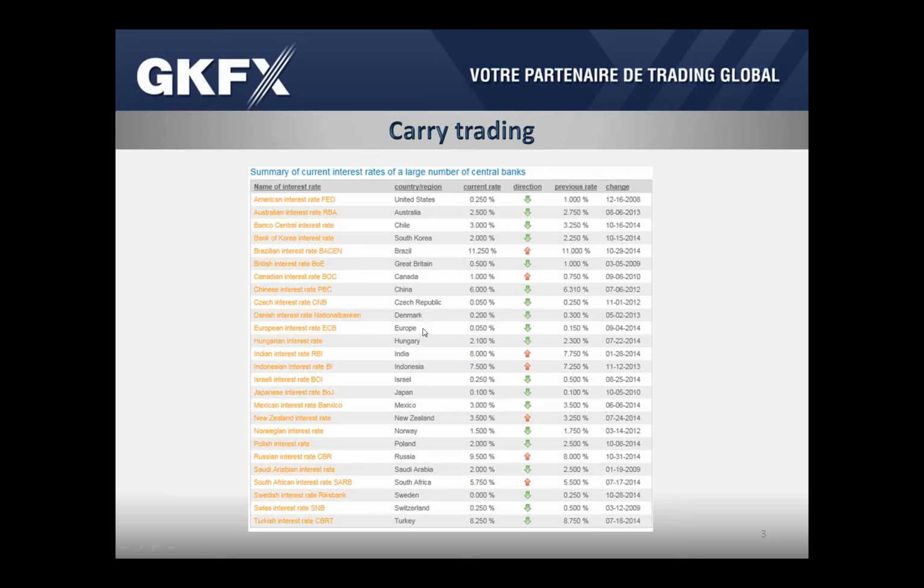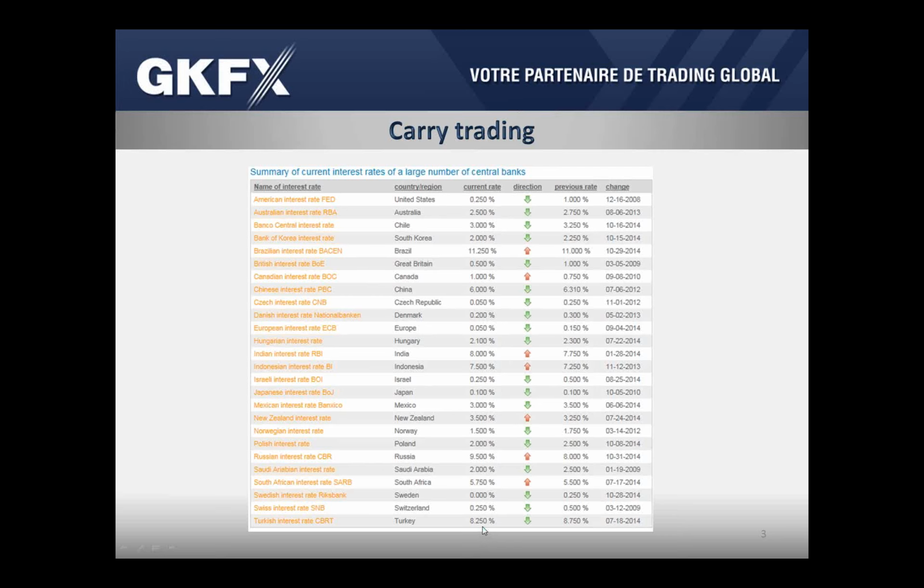The euro now is 0.05%. The yen 0.1%, very low. The South African rand is quite high, 5.75%. And finally, another example with the Turkish lira.